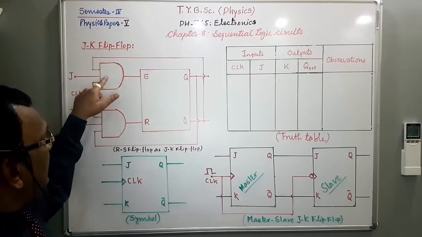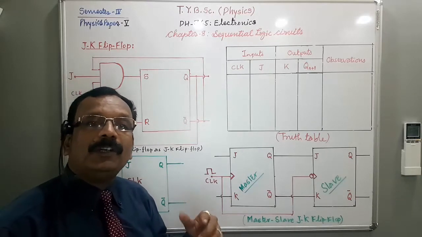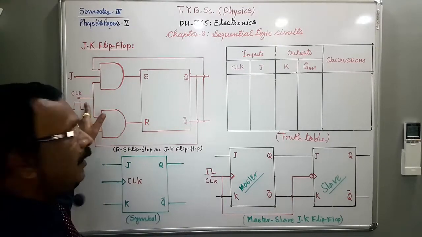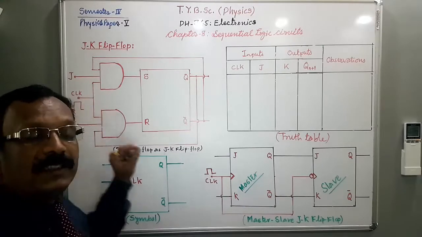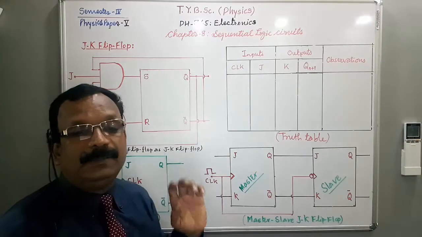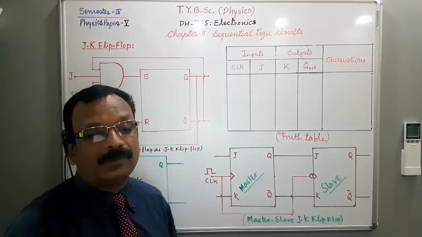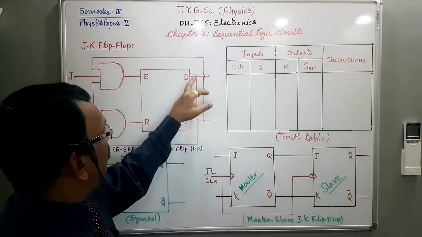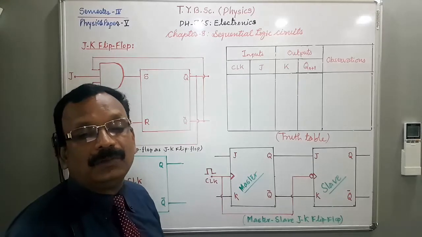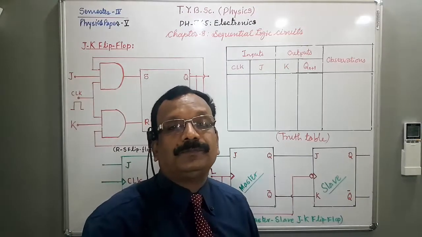Remember that if any one input of an AND gate is 0, its output is absolutely 0. Therefore when the clock pulse is low, that is logically 0, both these AND gates are disabled and their output will be 0, and this makes S and R 0, and hence the state of the JK flip-flop will not change.